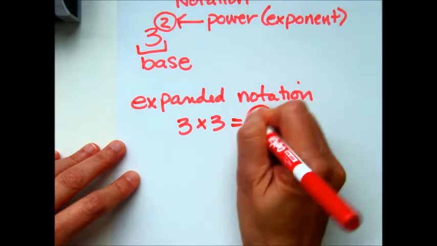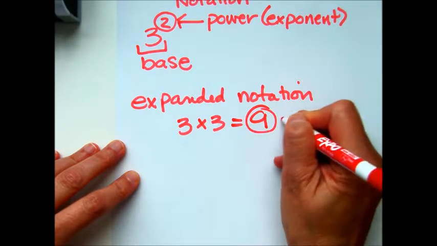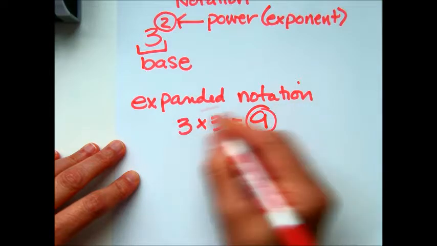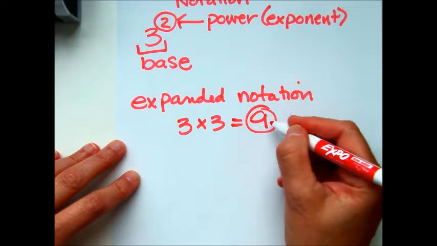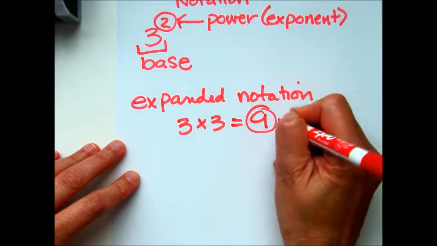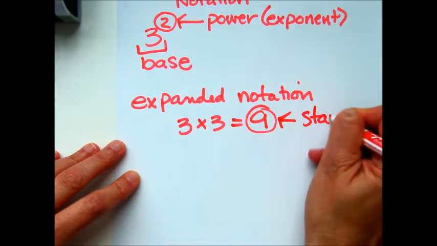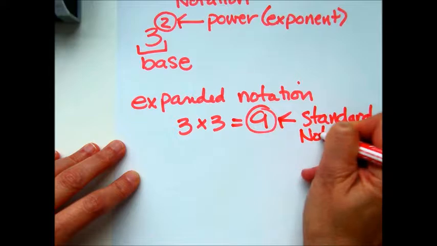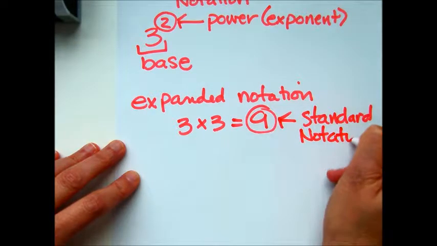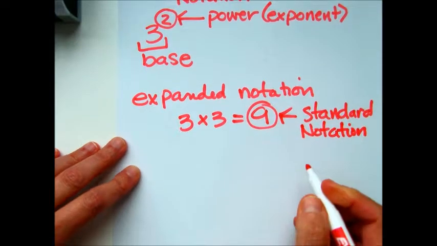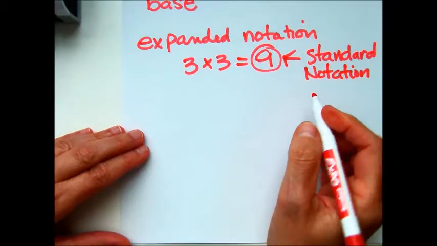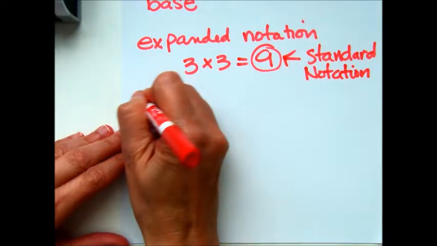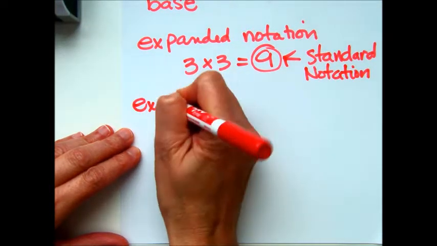Now 9 is in a special form. It's not an expanded form. That's the answer to the problem. That would be in standard notation. The reason I'm mentioning all these terms is because on the homework, you're going to have some numbers in exponential notation.